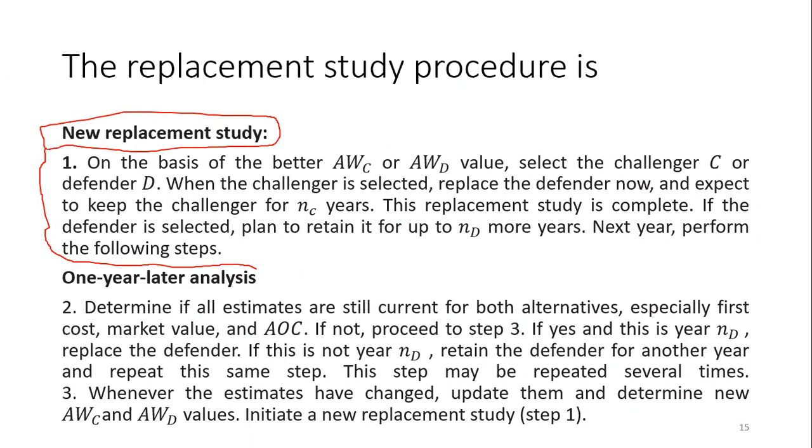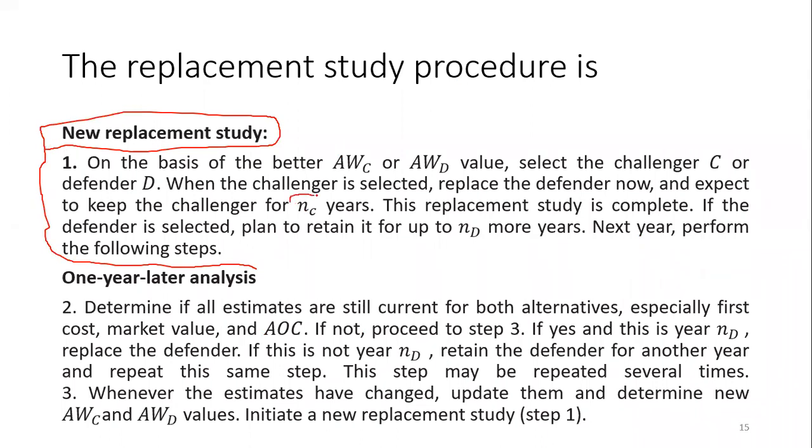So you are only required to do the first part for a new replacement study, which means on the basis of the better annual cost for the challenger or the defender, we select the challenger or the defender. When the challenger is selected, replace the defender now. I select the challenger, so I replace the defender and expect to keep the challenger for the NC years.